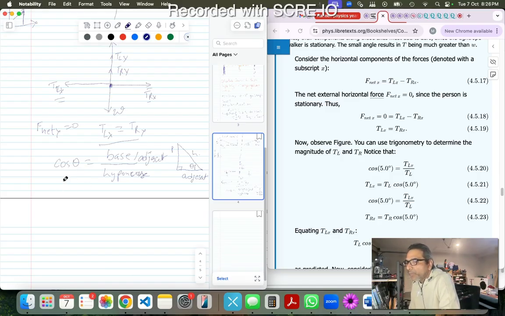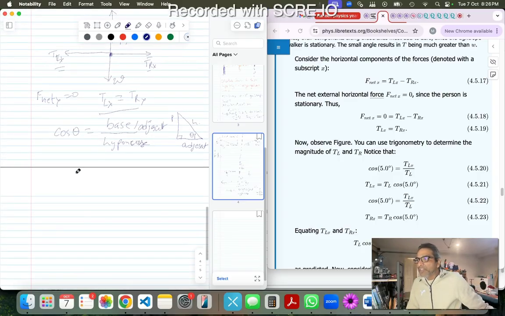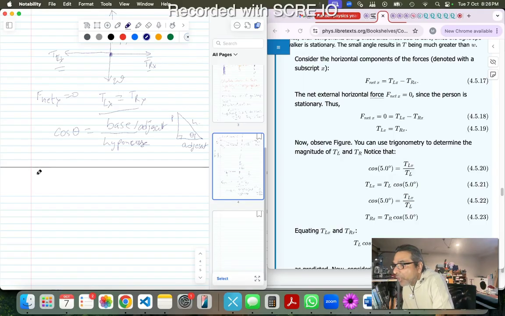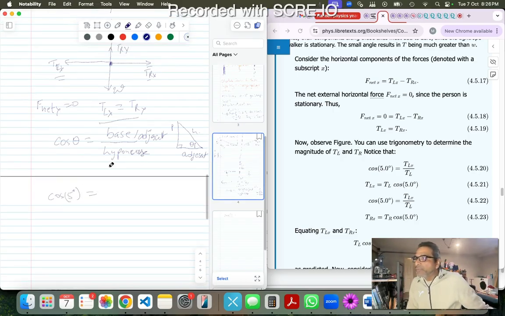Similarly, we can use the same information over here. We know cos theta, so cos 5 degree is equal to base, and where does this come from?